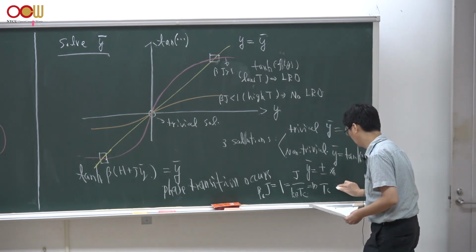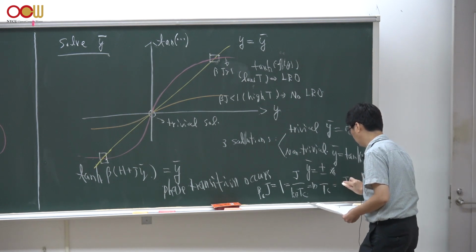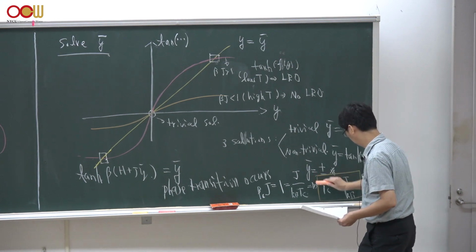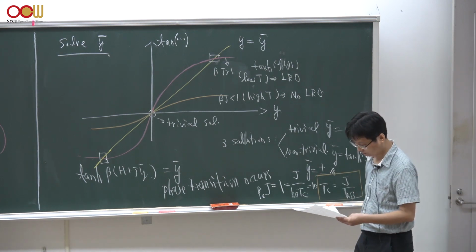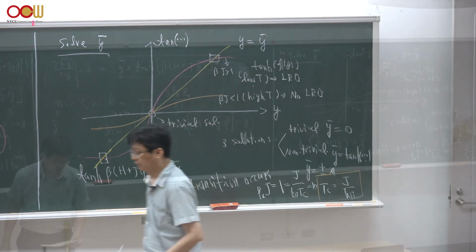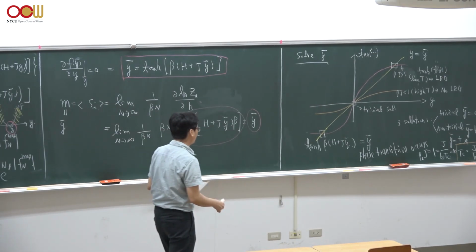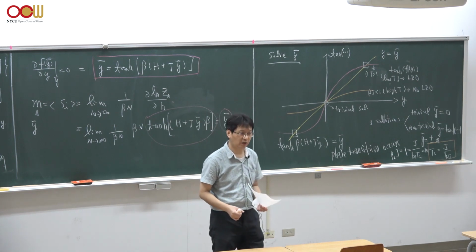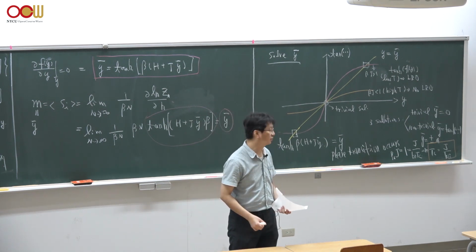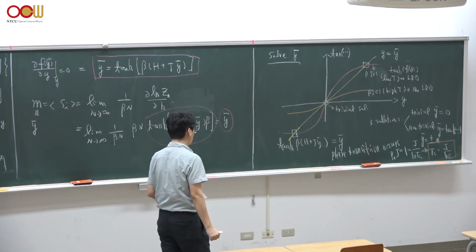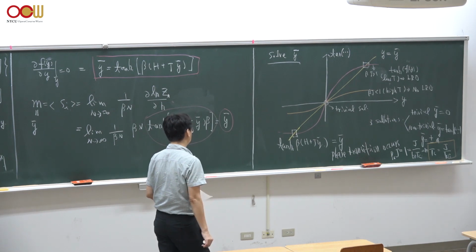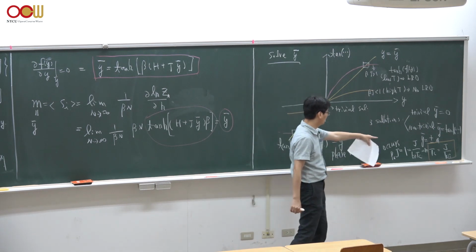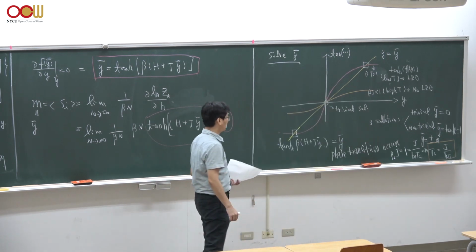So Tc is J divided by Kb. Okay, so we finally get the solution of the infinitely long range Ising model in any dimensions, and we find that in general we can have a phase transition at finite temperature, and the critical temperature is found to be J divided by Kb.